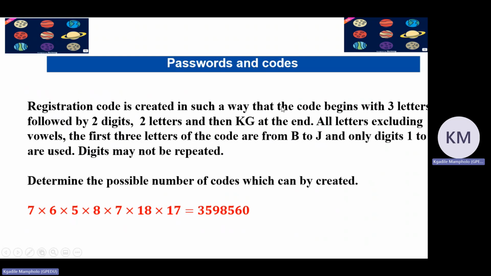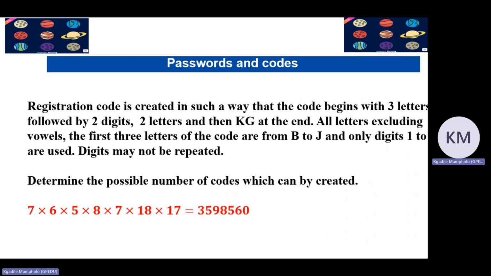So it means the registration code will have 3 letters, 2 digits, then followed by 3 letters, followed by 2 digits, then followed by 2 letters. So remember, for all letters, we exclude the vowels.